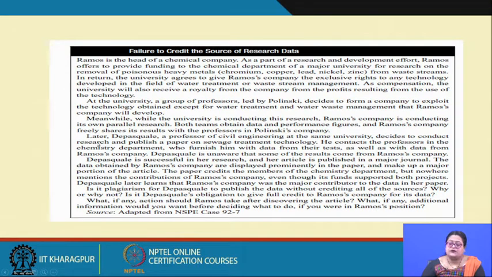Ramos is the head of the chemical company. As a part of his research, they offer to provide funding to the chemical department of a major university, and in return, for the research on removal of poisonous heavy metals from waste streams, the university agrees to give Ramos's company the exclusive rights.